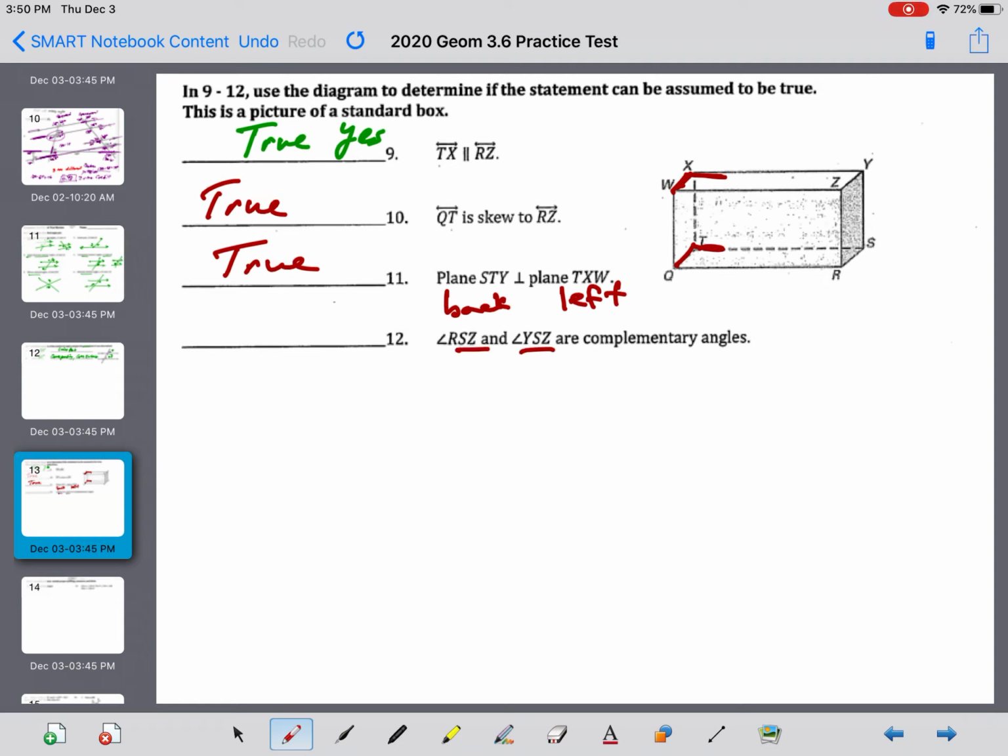All right, that's true also. And then would you be able to call these 2 angles complementary? RSZ. Okay, so they're actually making a new slice here, S to Z. RSZ is this angle down here on the right side, and YSZ is also on the right side. And it's a standard box, so all the shapes are rectangles, so they'll have 90-degree angles. So these are all true.